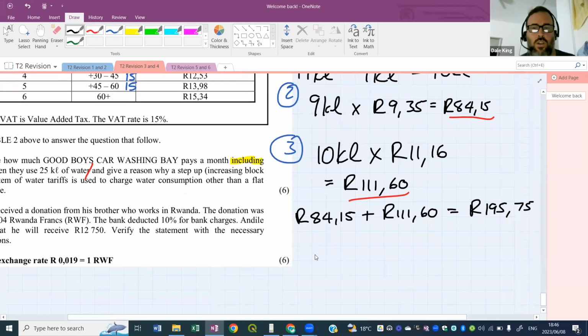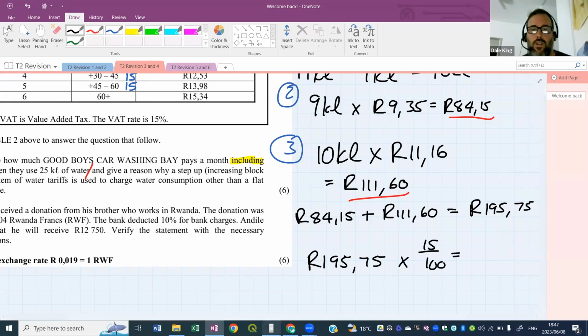Okay. So what we're going to do, I'm going to use the 2-step method because you guys seem to like it. You'll feel comfortable when you see it. We're going to take 195 Rand 75 and multiply it by the VAT, which is 15%, and get an answer.